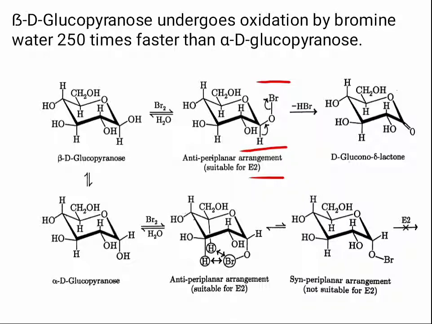This is also called 1,3-diaxial strain. Because of this repulsion, this bromine cannot be in the anti-periplanar arrangement. So this bromine adopts a syn-periplanar arrangement, which doesn't readily give the E2 reaction. That's why alpha-D-glucopyranose is very much slower in oxidation than beta-D-glucopyranose.